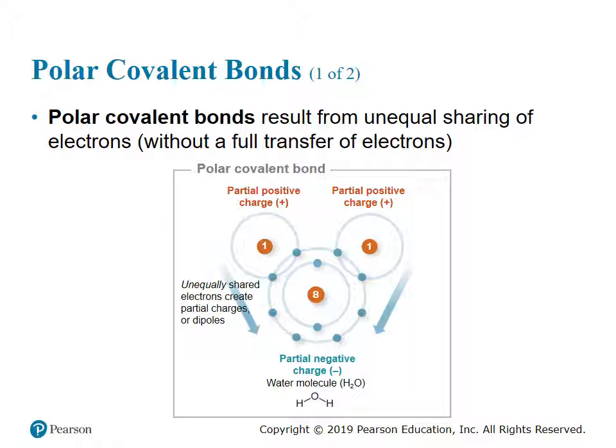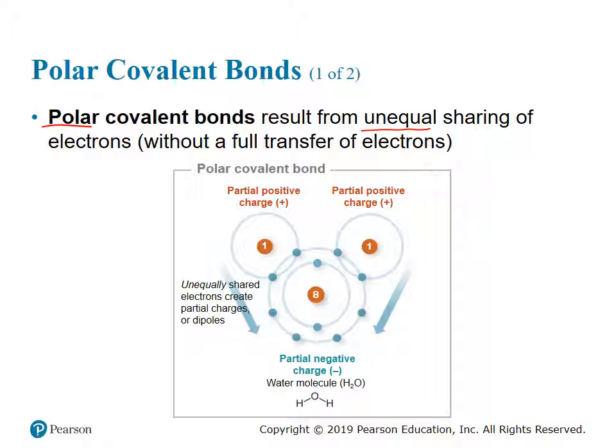A type of covalent bond, this is a sharing bond, we're still in covalent bonds, is a polar covalent bond. And what does polar really mean? They're sharing electrons, because that's what a covalent bond is, but the key word is unequal sharing.